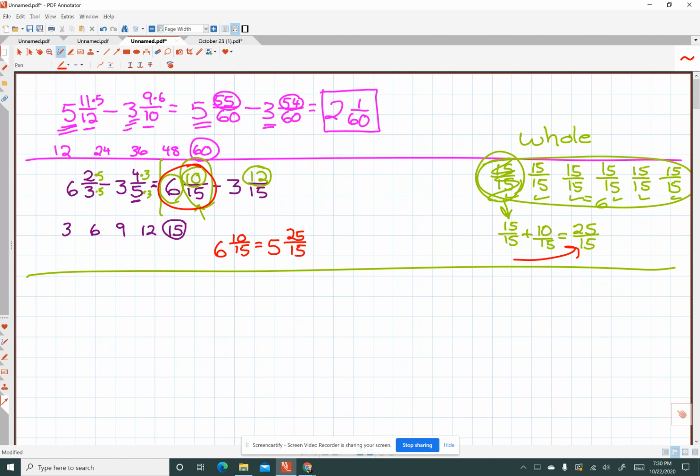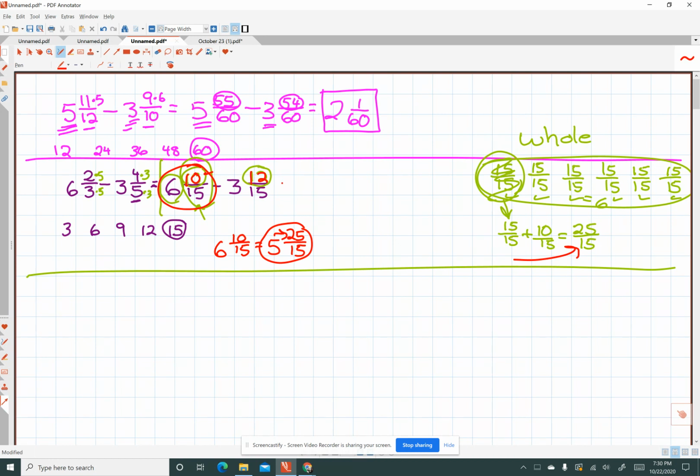Okay? Now, the whole idea, why did we do that? Because we have a 10 in the numerator on the left and a 12 in the numerator on the right. We cannot take 12 away from 10 in this situation. We need to have this number to be larger, and we do that by converting so that we have a larger number in the numerator.